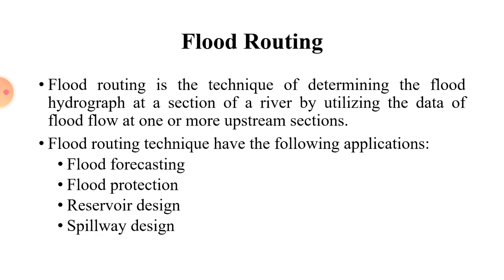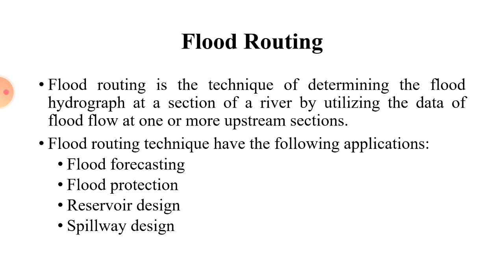Flood routing. First, we are discussing what is flood routing and how it can be defined. Flood routing may be defined as the procedure where the shape of a flood hydrograph at a particular location on the stream is determined from the known or assumed flood hydrograph at some other location upstream.